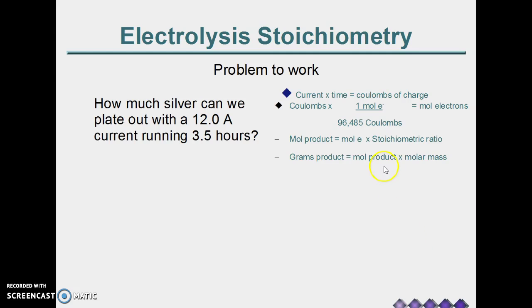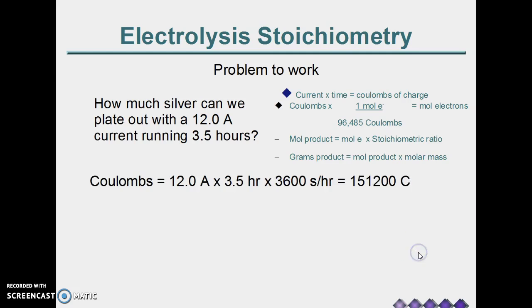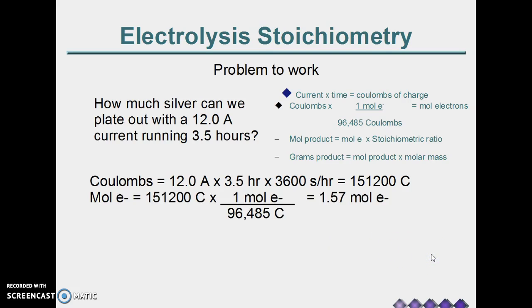Here are the formulas that we received from the other page. Coulombs: we multiply the 12 amps by 3.5 hours times 3,600 seconds per hour. We then take the coulombs, divide by 96,485 coulombs per mole to get 1.57 moles of electrons.